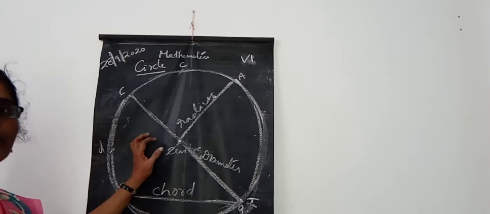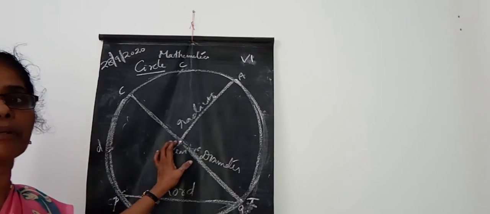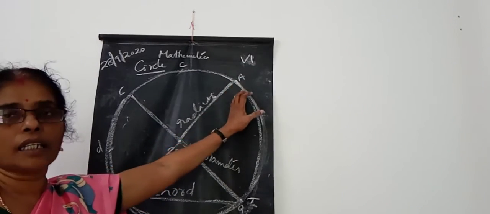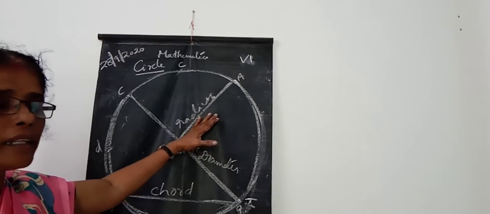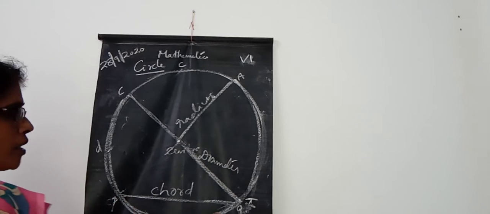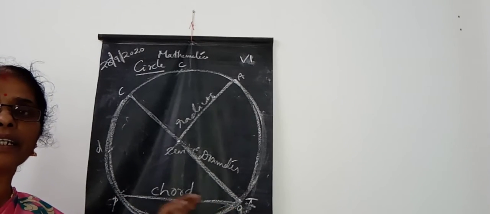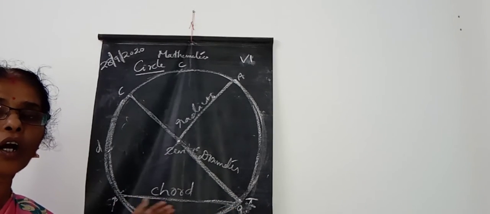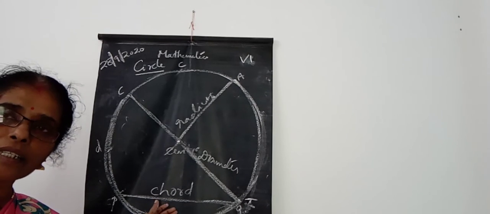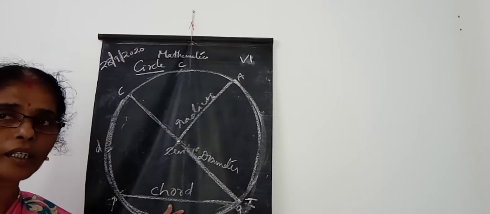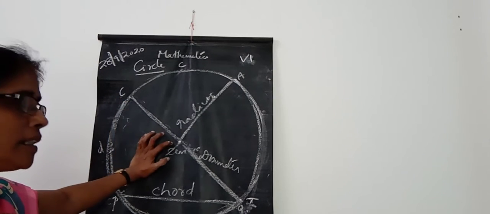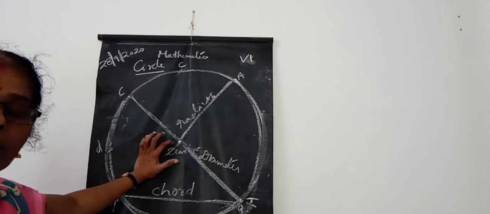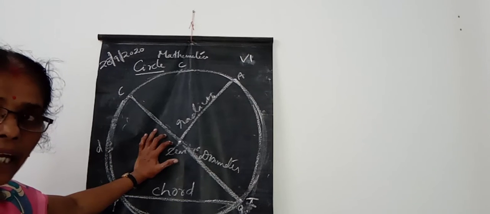So if we draw a line segment from the center to the circle, that is radius, and the 2 points in a circle joined with a line segment, that line segment we can call a chord. And if the chord is passing through the center, that chord we can call a diameter.